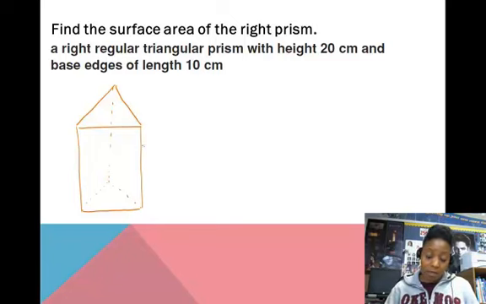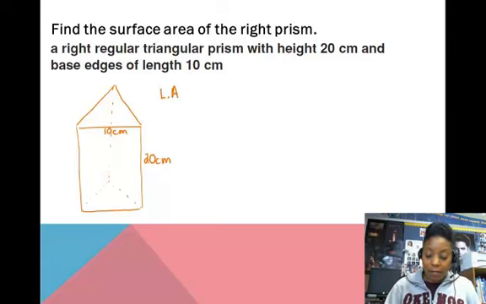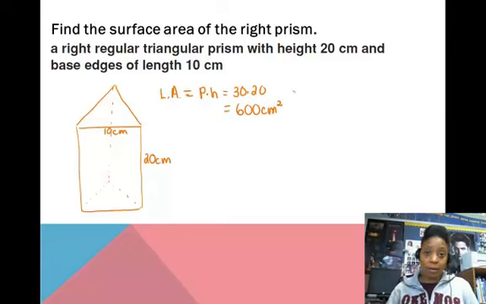We need the perimeter of the base, and it says the height is 20 centimeters, and the edges of the base are 10 centimeters. Okay, so the lateral area, I'm going to find that first, is just the perimeter of the base times the height. The perimeter of the base is 30, the height is 20, and that gives us 600 square centimeters. So that's just the lateral area.